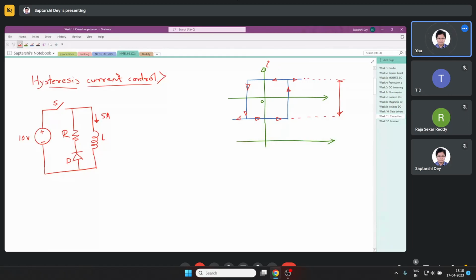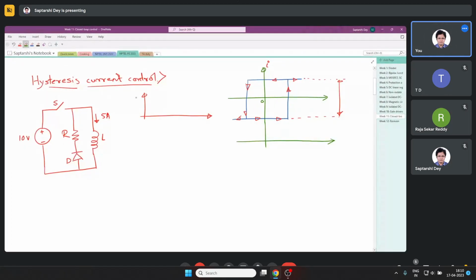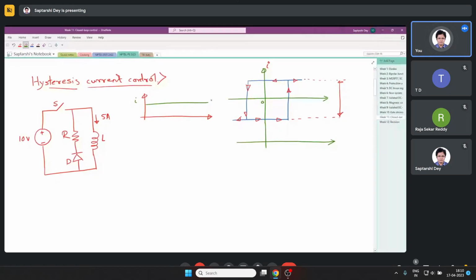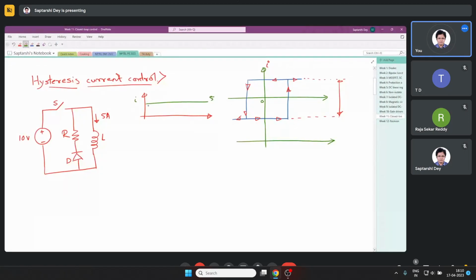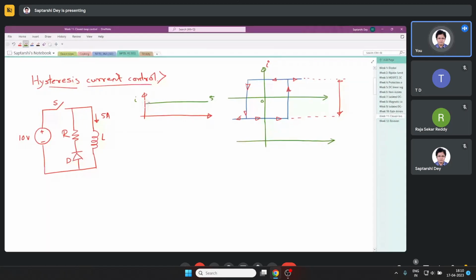Now the thing is, it is difficult to maintain a current, say current I, exactly at 5 ampere. Why so? Because if the current shoots up a little above 5 ampere, this switch has to be opened.